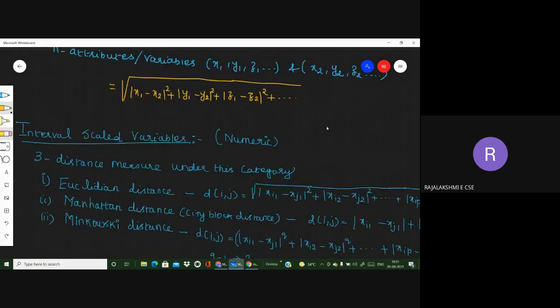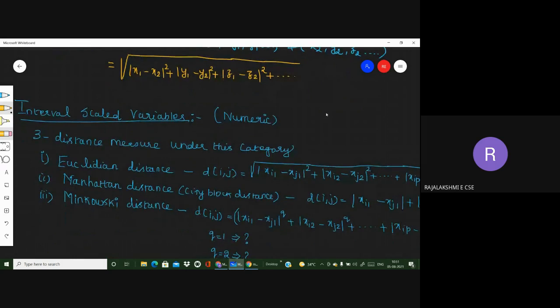Okay, fine. If this distance formula is applied to different varieties of variables, what are all the types of variables we have observed?